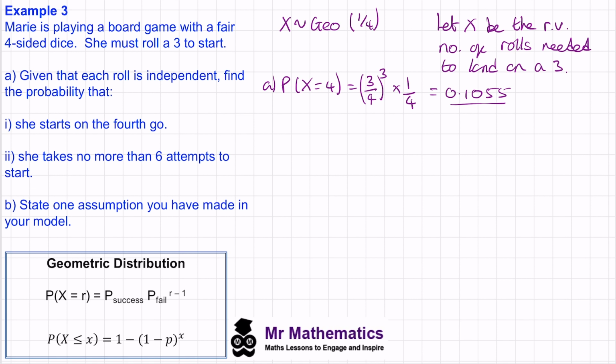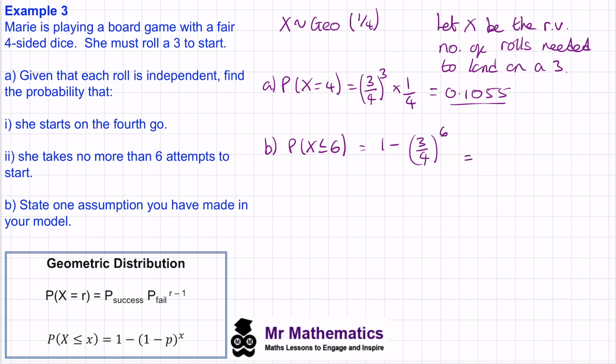And for part 2, that she takes no more than 6 attempts to start. So now we're looking at the probability of x being less than or equal to 6. So now we're going to use this cumulative probability here, where we have 1 minus the probability of failing, which is 3/4, raised to the power of 6.